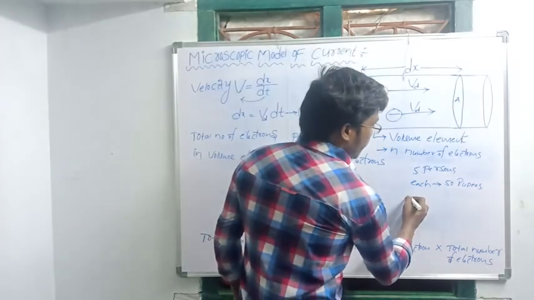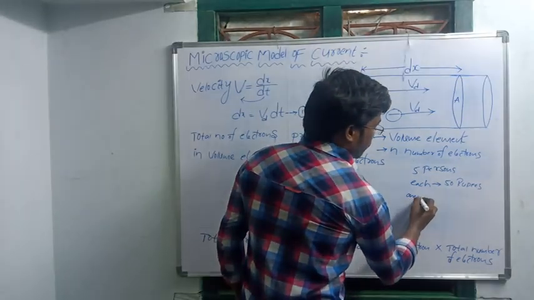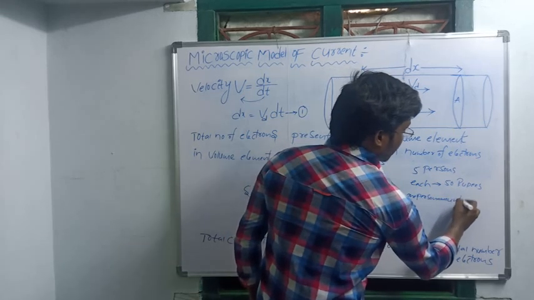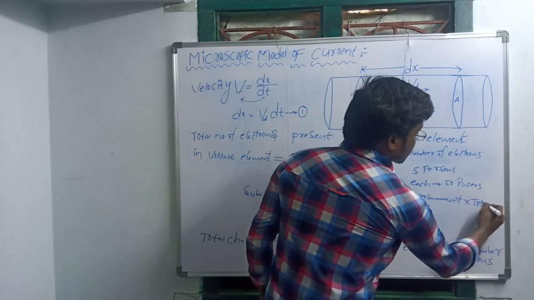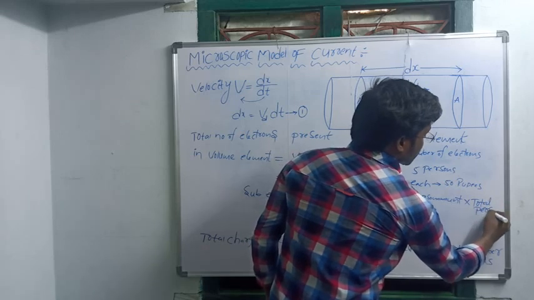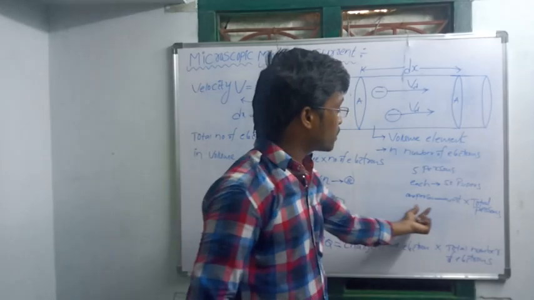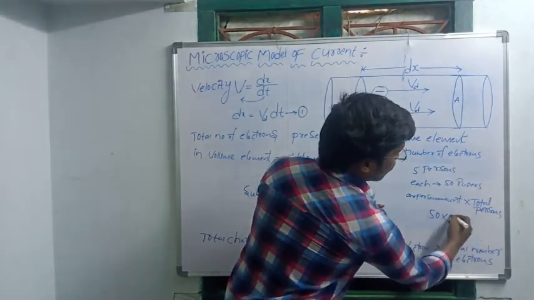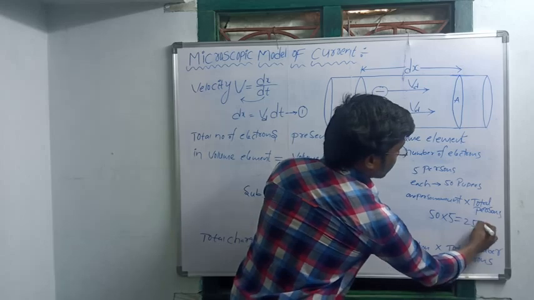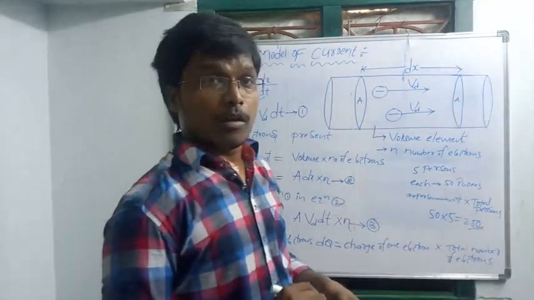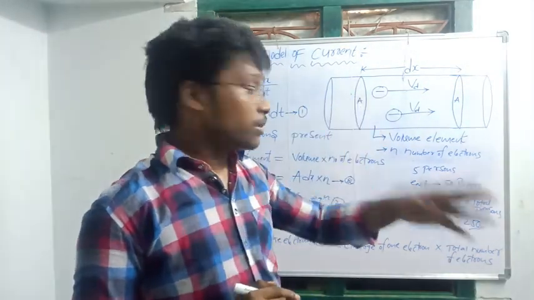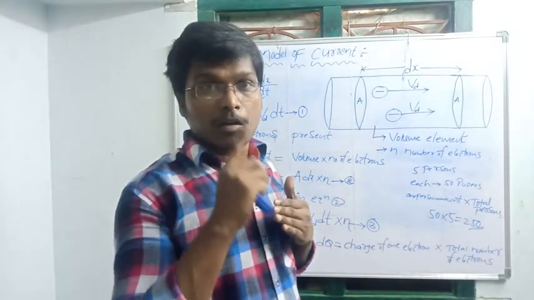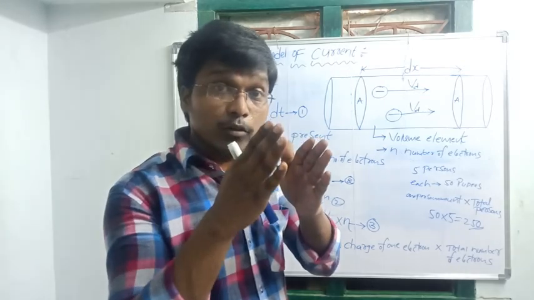How much amount does one person have? 50, into total number of persons, 5. 5 into 50, 250. So the 5 persons have 250 rupees. That is how I found one person's amount into total number.